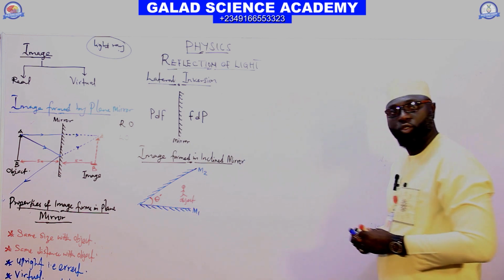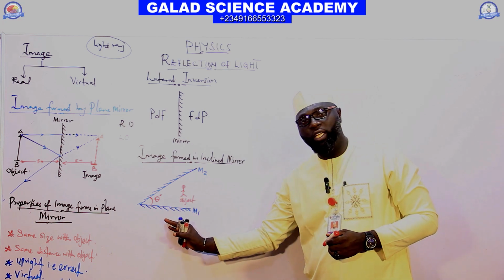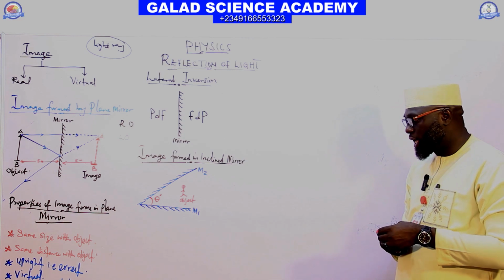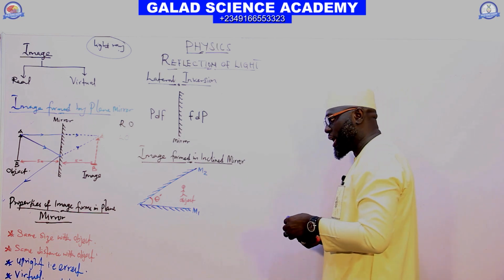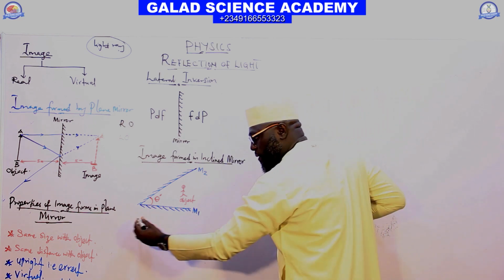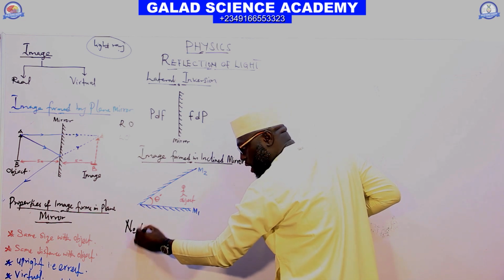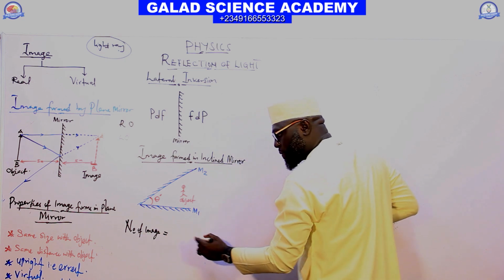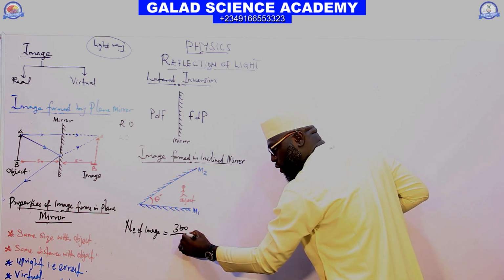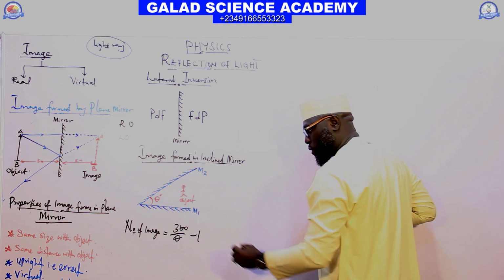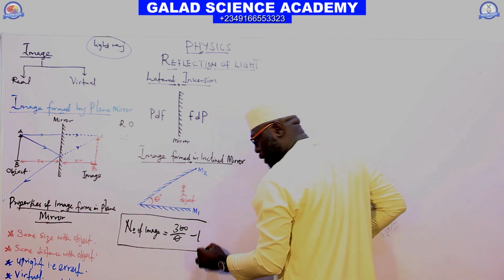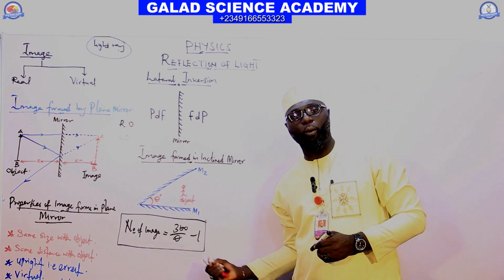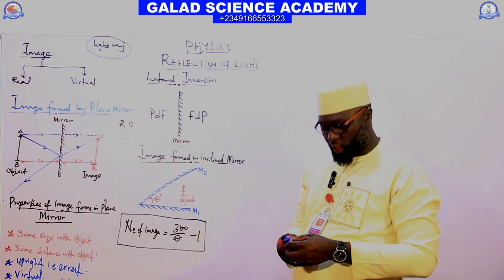We are now asked, what will be the number of images of this object formed if two mirrors are inclined to each other? The number of images formed will be 360 over theta minus 1. This is the formula used to determine the number of images formed when two mirrors are inclined to each other.